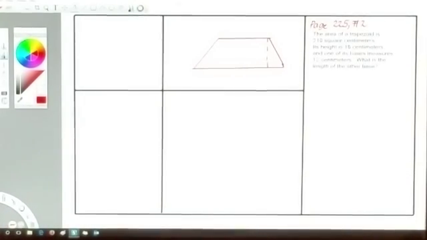The area is 210 square centimeters. Its height is 15 centimeters, and one of its bases measures 12 centimeters. And they want us to find the length of the other base.